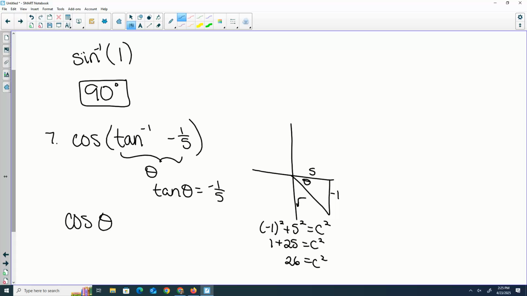This side is radical 26. So now cosine, how do we do cosine? Adjacent over hypotenuse, which is 5 radical 26 over 26.